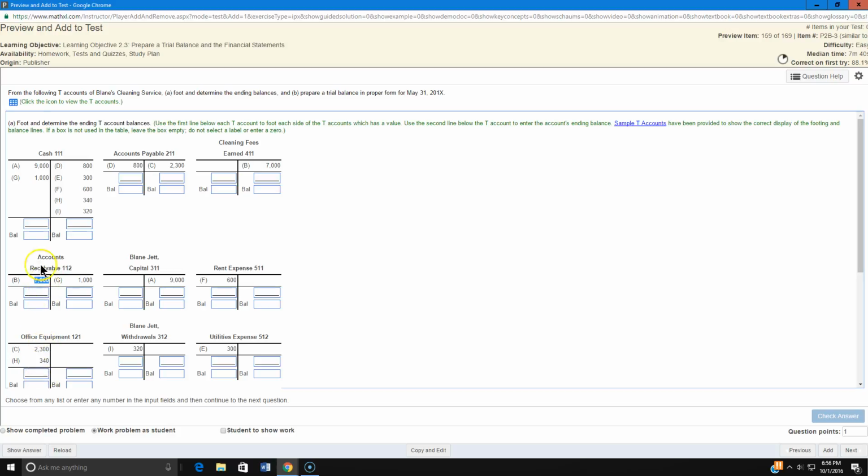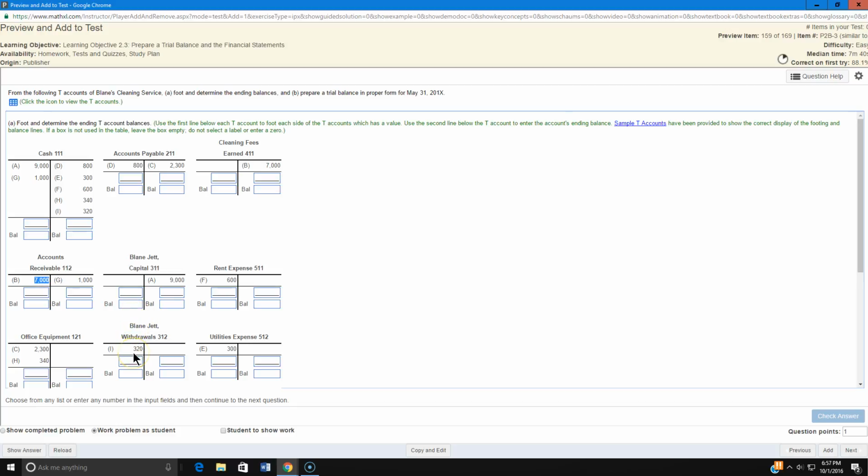All assets are always debited to add and credited to reduce. All liabilities are credited to add and debited to reduce. The capital account is always credited to add, and if it has to be debited to reduce it, the debit will go there.